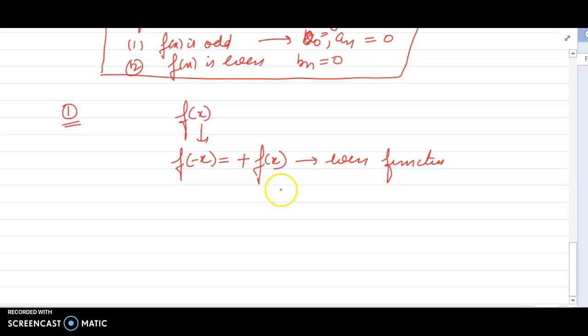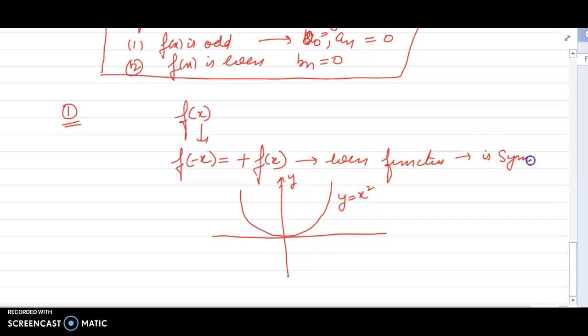Or if you plot the graph of even function, for example y is equal to x square, it should be symmetrical about y-axis.